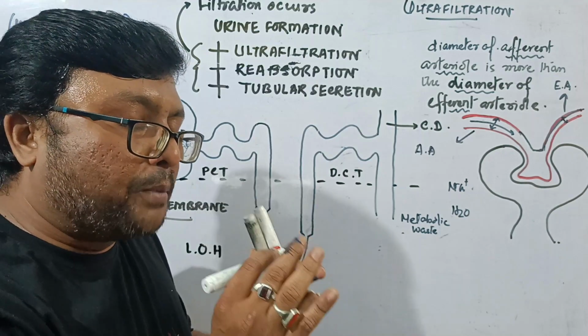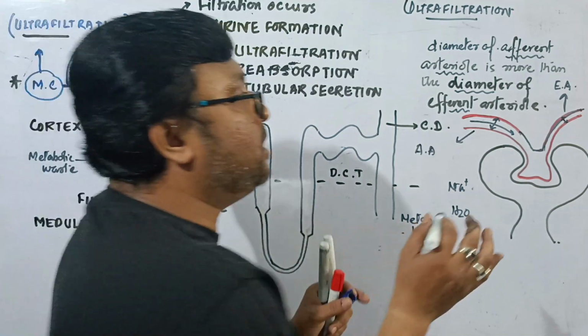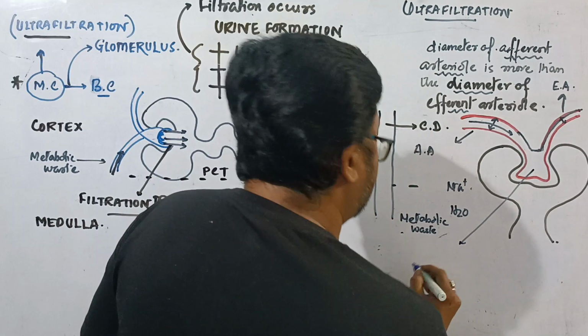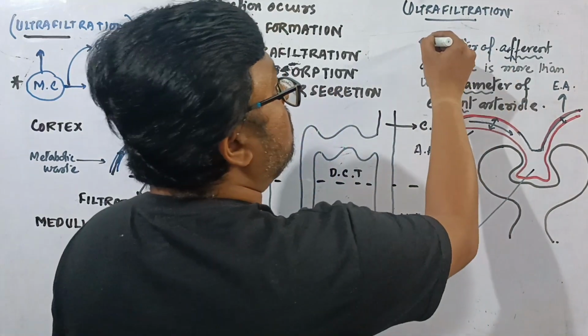So the blood flowing through this afferent arteriole, we can say that a pressure develops within the blood or within this capillary.